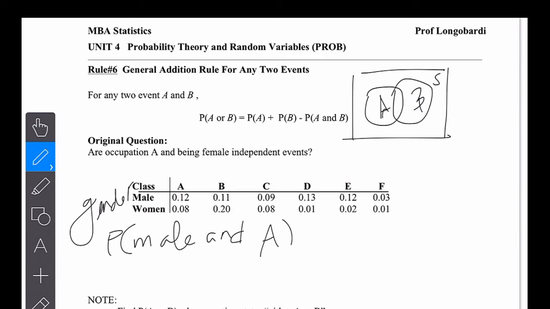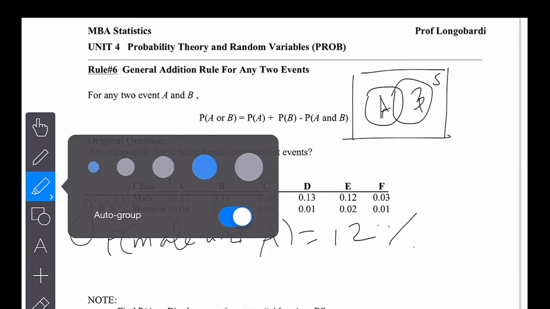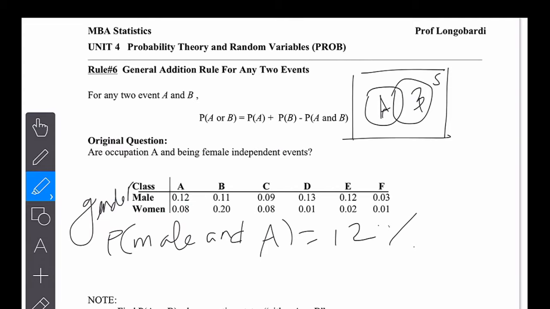So the probability of being both male and in occupation A is 12%. That's how you read that.